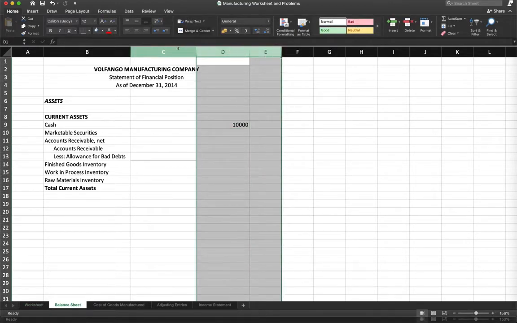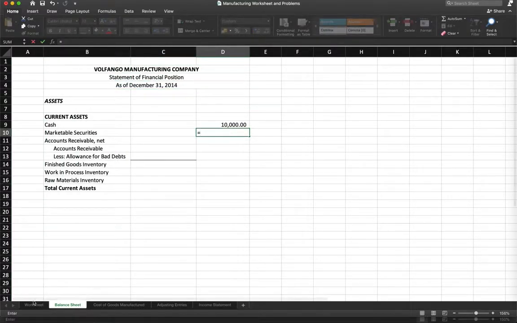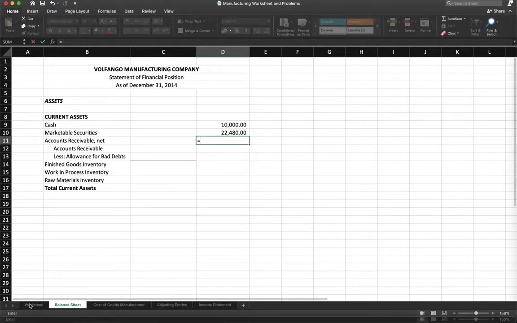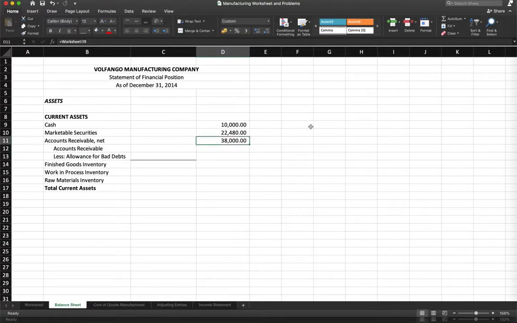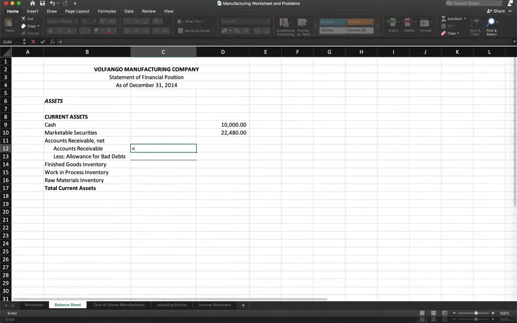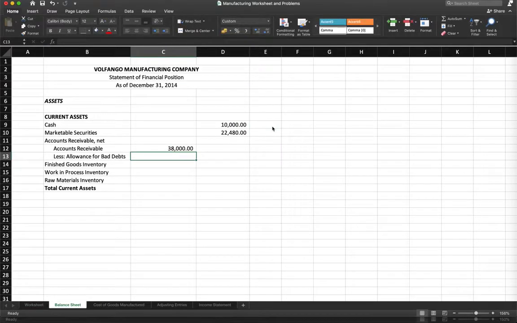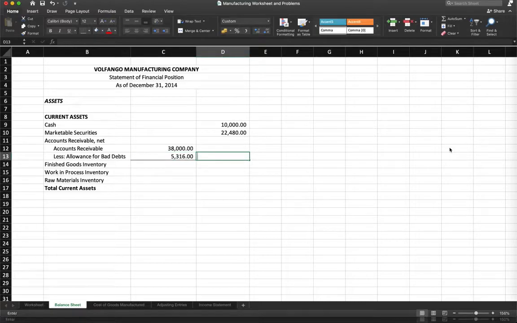Marketable securities, magkano? 22,480. Accounts receivable, how much? 38,000. Lagyan natin dito yung gross 38,000. And then allowance for bad debts 5,316. Magkano ngayon ang AR net? 38 less 5,316, 32,684.